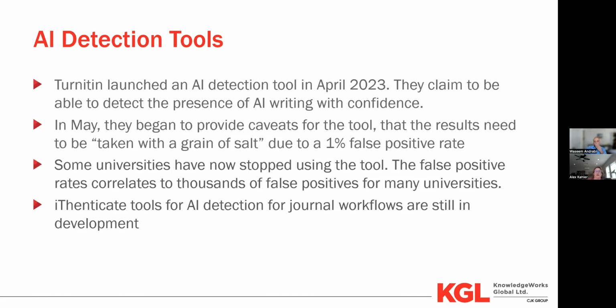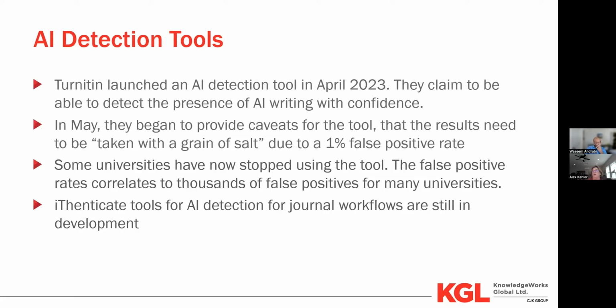As they started to analyze the numbers, they realized that these false positives were going to correlate to thousands of false positives of turned in assignments across universities. And even if it's a relatively small rate, they cannot take the risk of having academic consequences for their students when these tools have false positives.